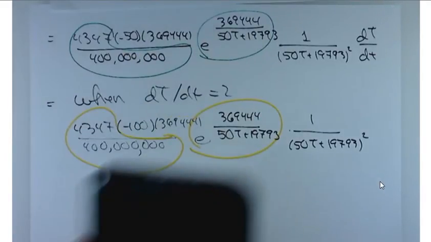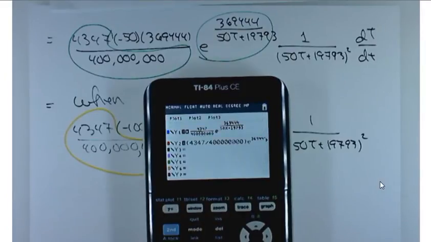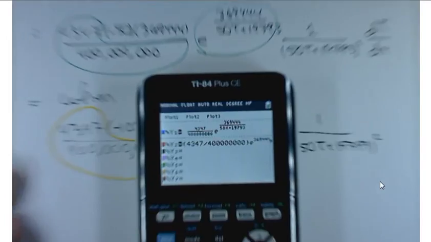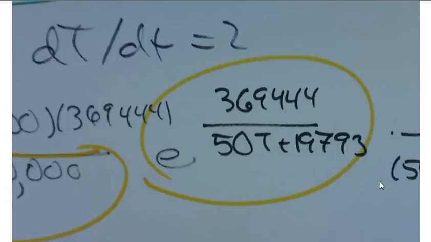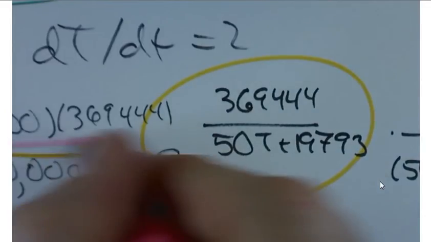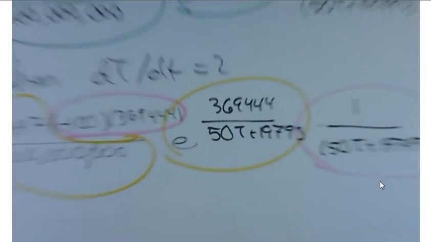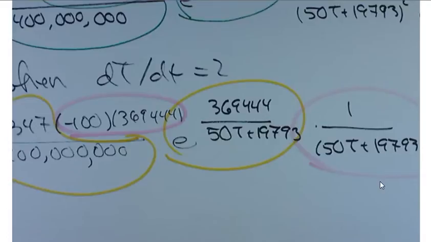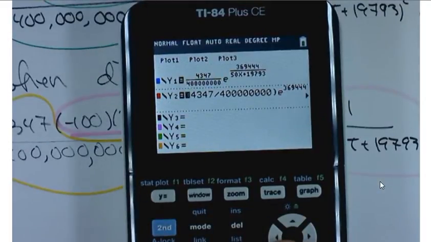So take out your calculators and go to the y equals key. I want to multiply my original function by these missing terms, and divide by the square of this one. So, what's that? 2 is the rate of change of temperature with respect to time.